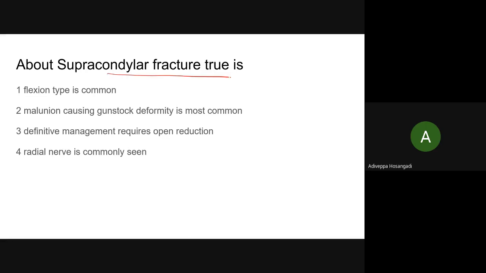About supracondylar fracture, what is true? Which one is the answer? Anybody can answer. Malunion causing gunstock deformity is the most common. Very good, very good.